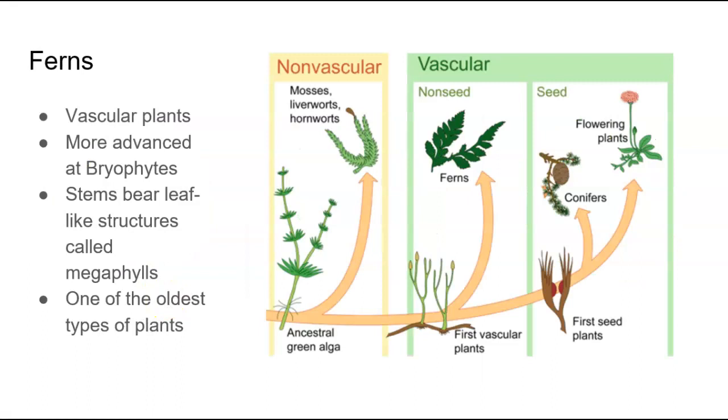Now, before we end this video, we want to talk about ferns a little bit. Ferns are, again, one of the first plants that evolved on our planet. However, they came after these non-vascular plants, such as mosses, liverworts, and hornworts. They are vascular, so they tend to get taller.